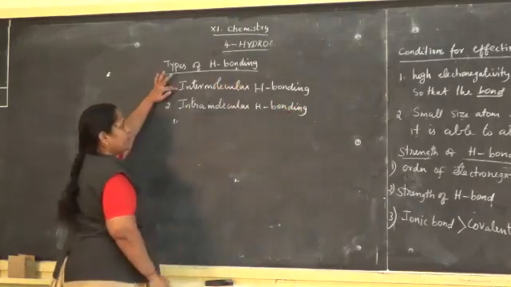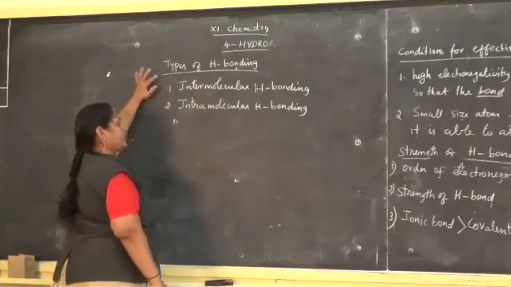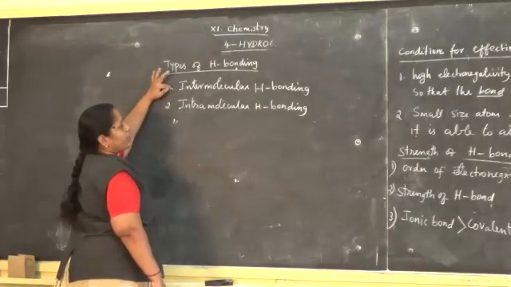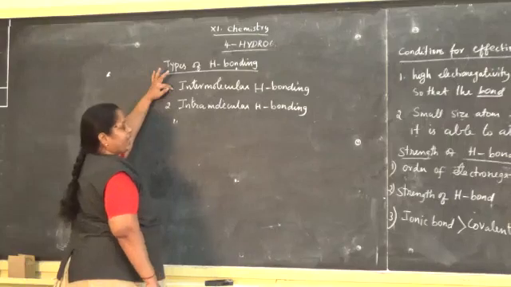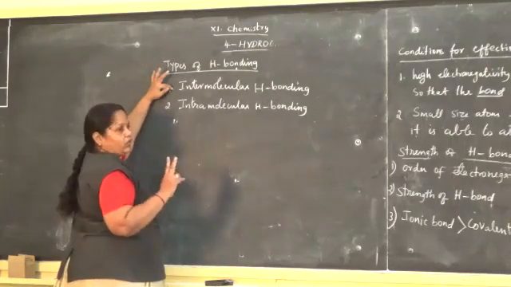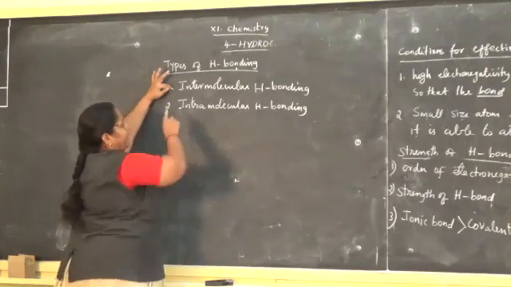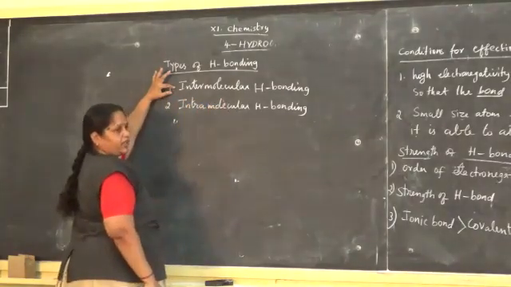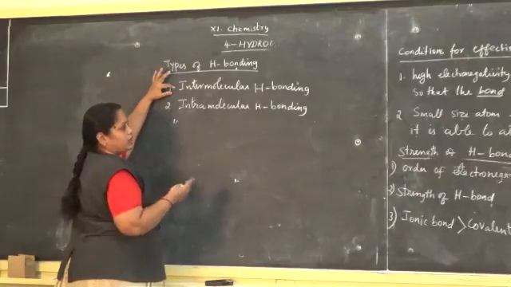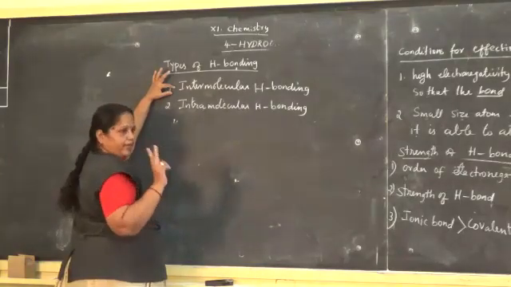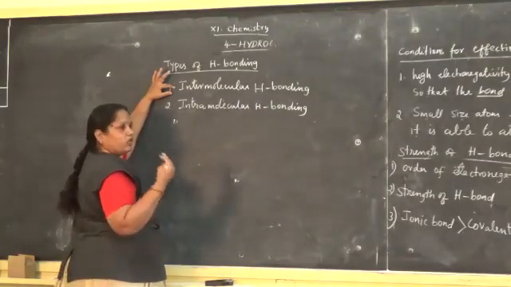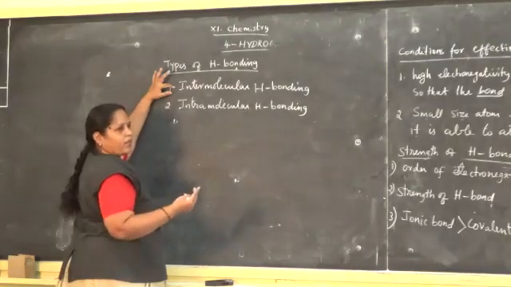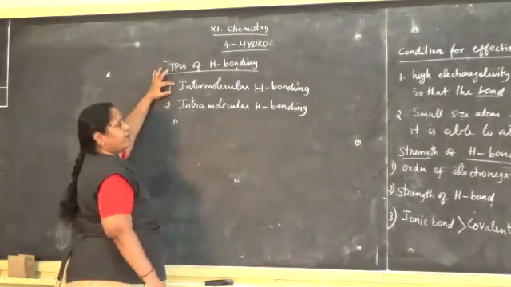Now I discuss intermolecular hydrogen bonding. Intermolecular hydrogen bonding can occur between two molecules. Then that type of hydrogen bonding is called intermolecular hydrogen bonding. The two molecules may be the same type of molecule or different types of molecules.